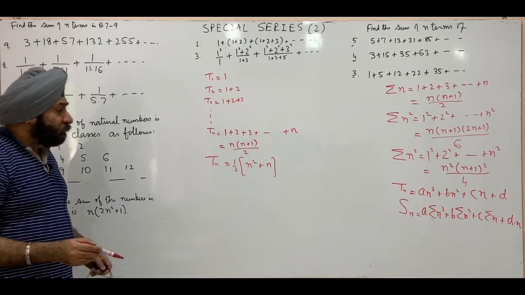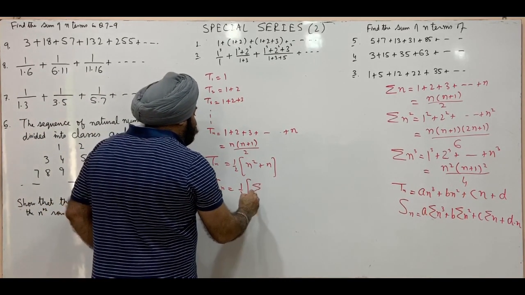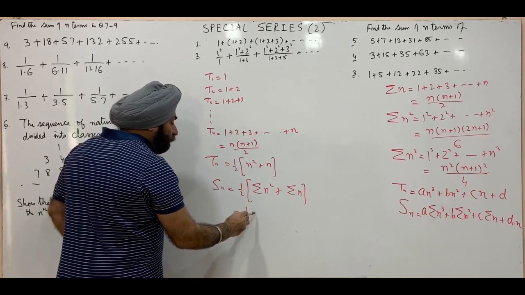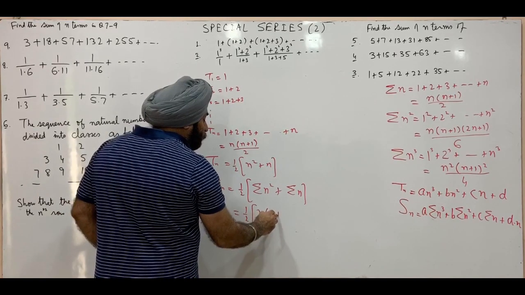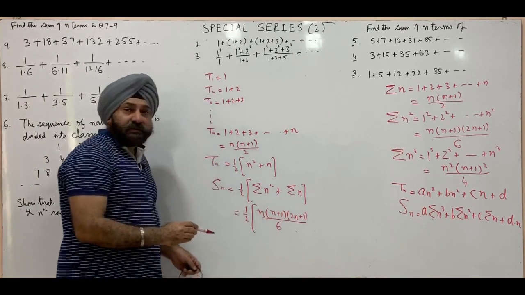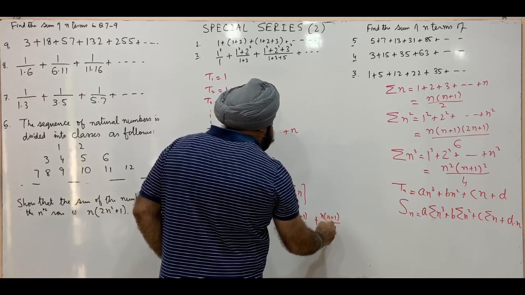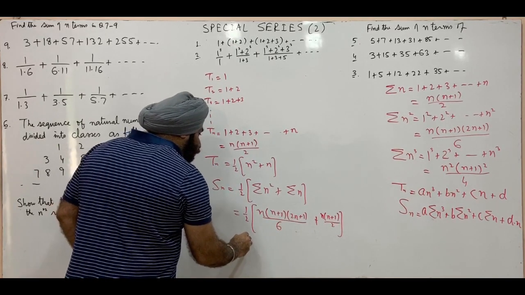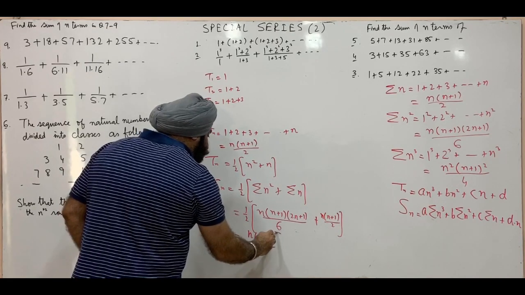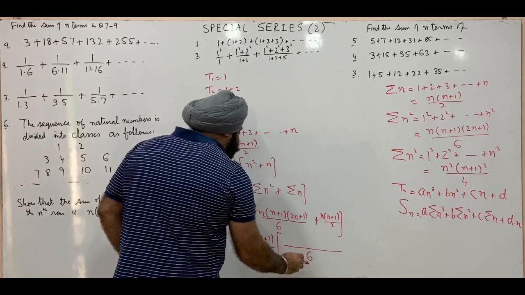Once we know the nth term, we can find out Sn, that's 1 by 2, sigma n square plus sigma n. This is 1 by 2, n into n plus 1 into 2n plus 1 upon 6, and what is sigma n? It's n into n plus 1 by 2. So we take n into n plus 1 common, upon 2, take LCM, 6 and 2, this will be 6.